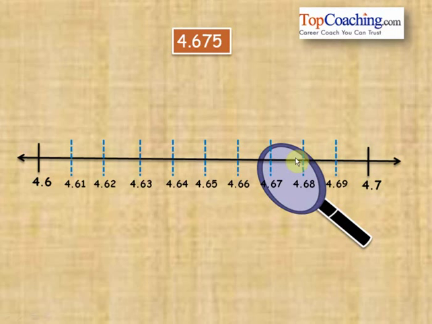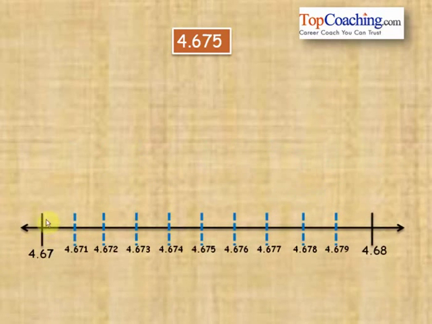So again we are going to consider this portion and divide this entire portion between 4.67 and 4.68 into 10 equal parts. So this would represent 4.671, this would be 4.672, 4.673, 4.674, this would be 4.675, 4.676, 4.677, 4.678, 4.679 and finally this is 4.68.